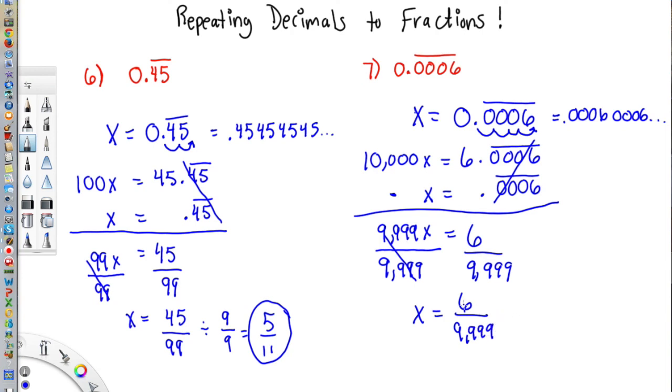Okay, and sure enough, I can factor a 3 out of both the numerator and denominator, and 3 goes into 6 2 times, and 3 goes into 9,999 3,333 times. And that is my ridiculously funky fraction that is equal to the ridiculously funky repeating decimal of 6 10,000ths.